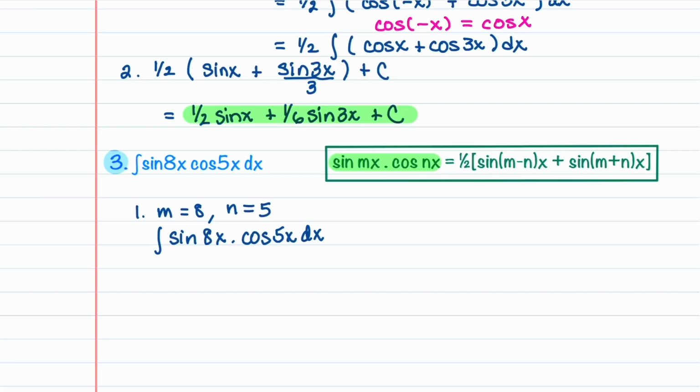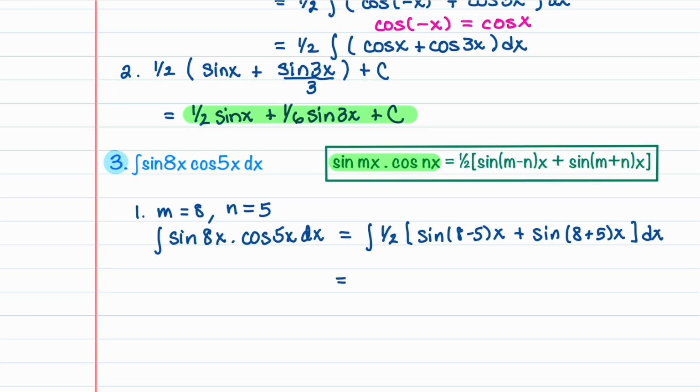Let's integrate this and we'll use our formula. This is the integral of 1/2 sine m minus n, so that's 8 minus 5 times x, plus sine m plus n, so that's 8 plus 5x, and we have dx.